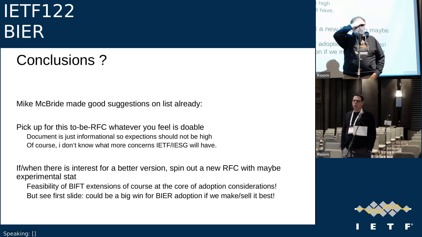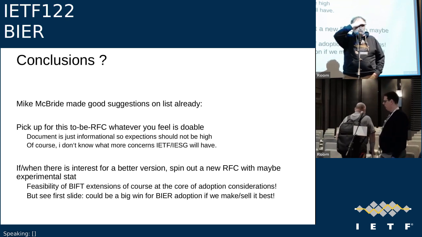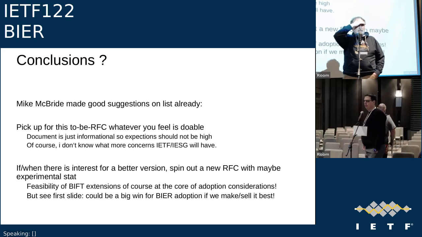That is possible with all the wonderful TI-LFA in unicast, which is finally, after 17 years or so of the whole LFA work, and now with unicast having both SR-MPLS and SRv6. So we do have the underlying unicast forwarding technology to do TI-LFA.